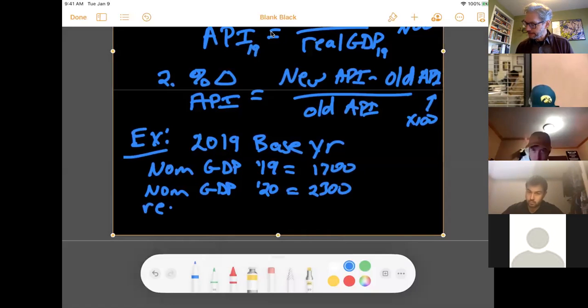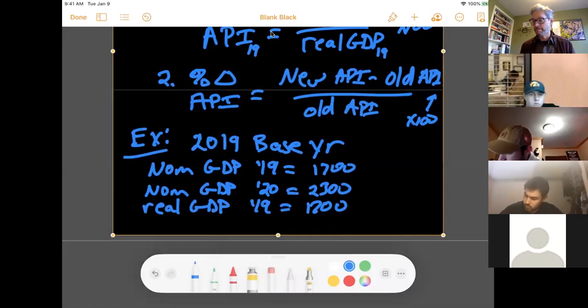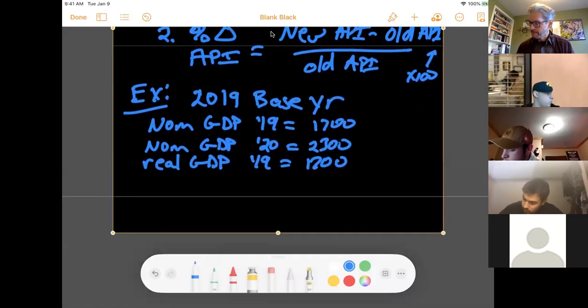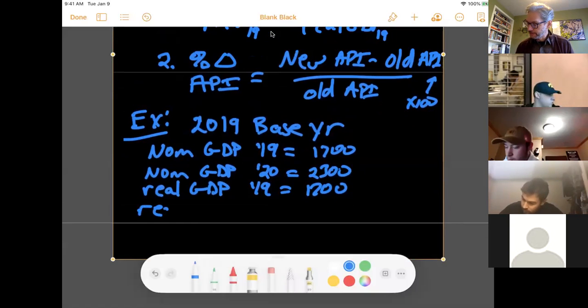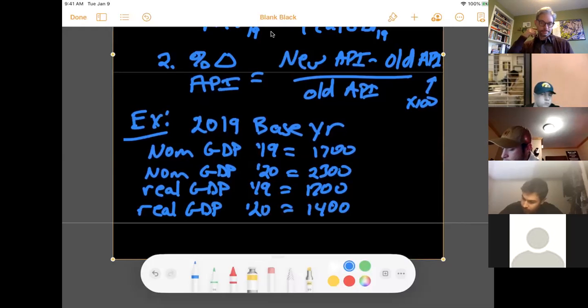And then we calculated real GDP in 2019 as 1,700, because remember, in the base year, nominal and real GDP are always the same. And then we calculated real GDP in 2020 as 1,400. Okay, so that's what we did yesterday.